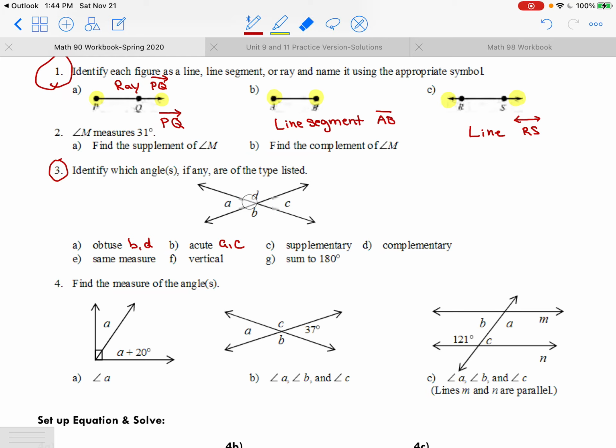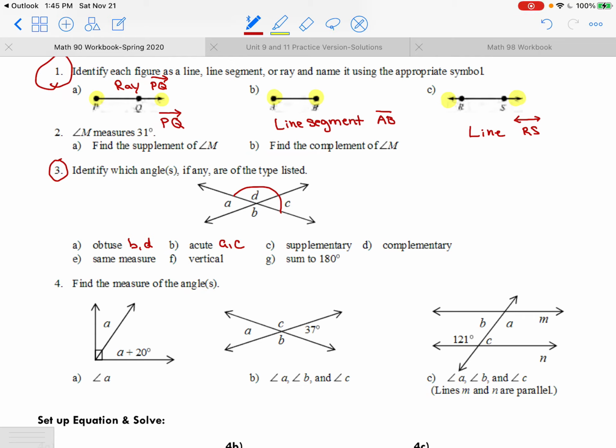Supplementary angles. Okay, so remember what supplementary angles mean? They are exactly 180 degrees, aren't they? Right? So supplementary angles, let's see if we can find some. And really, we know that 180 degrees is half a circle. So if we can draw a semicircle with two angles, for example there, angle D and C, right?